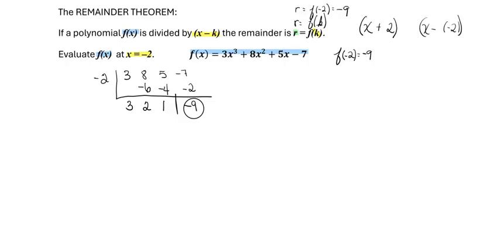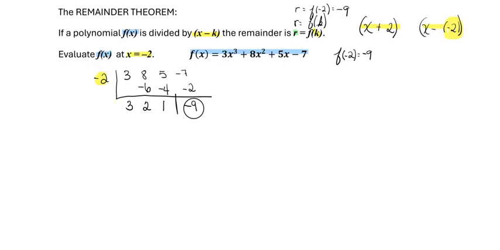I'm just writing this extra over here so y'all can see that my signs are correct. What I just wrote up here comes from the divisor, x minus k, and this -2 is what we're putting right here. It's the opposite of +2. Do y'all see how that works?